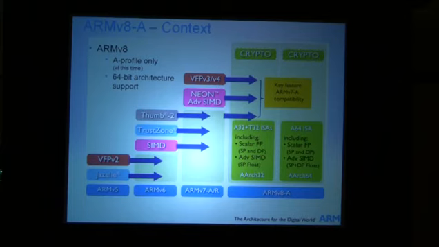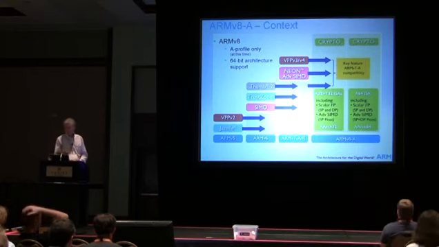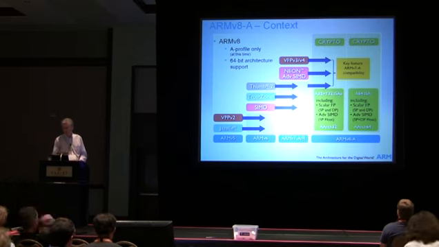All the features go forward, and on the left-hand side of V8, you can see we have the existing ARM and Thumb instruction sets, which we're referring to as A32 and T32, and a new instruction set for 64-bit. The main difference is actually in the SIMD area, where we now have double precision float in our SIMD environment in the 64-bit world, whereas it was single precision float only in the 32-bit one.